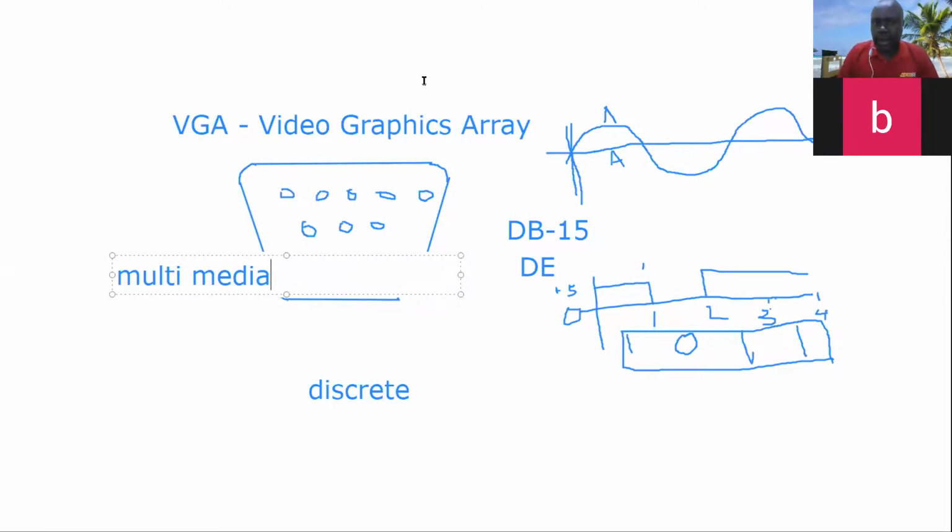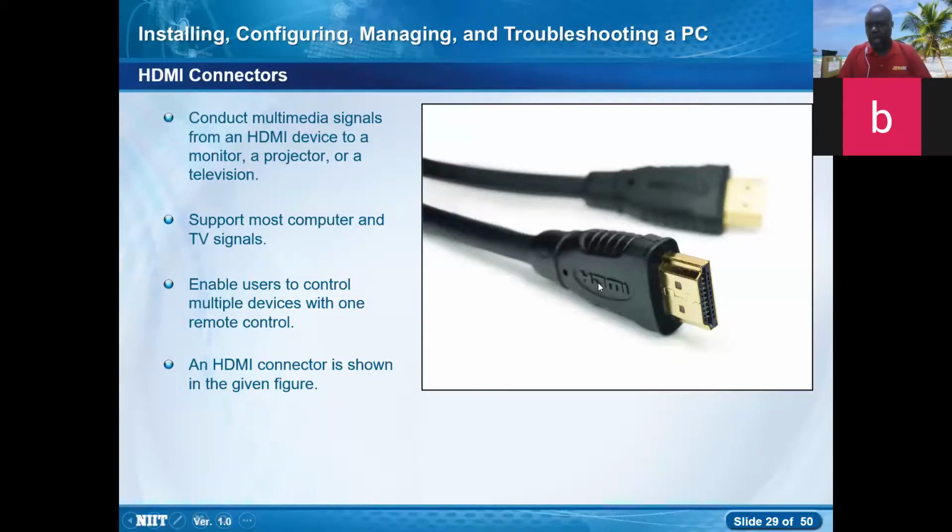And so the HDMI has become very, very popular for connecting display devices such as monitors, projectors, television sets. So you find that almost all the computers on the market come with a port for HDMI. That's high definition multimedia interface.